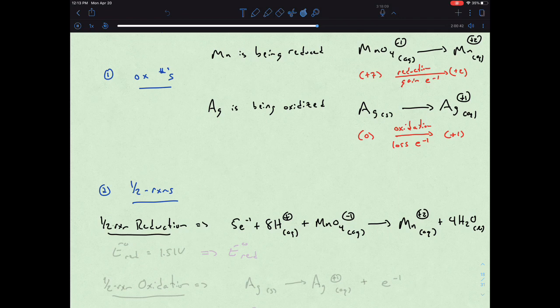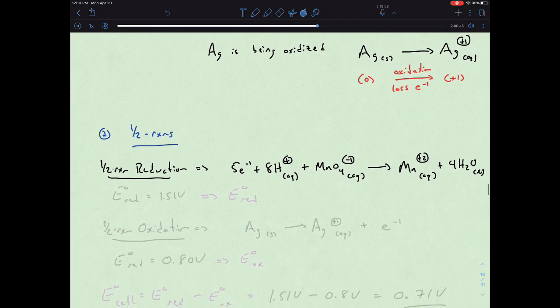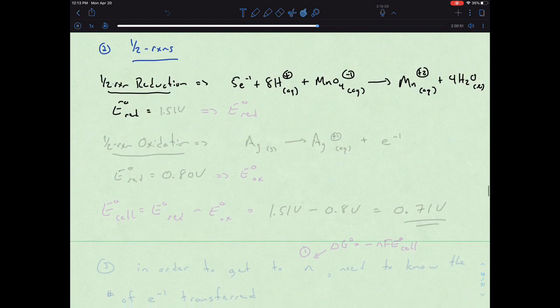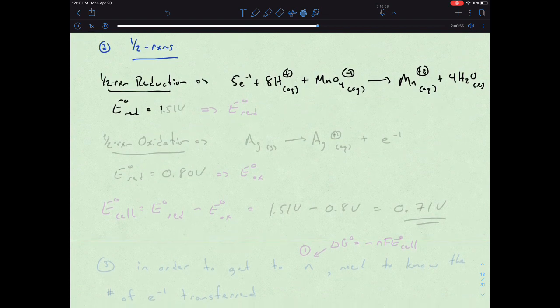So that was the half reaction for reduction. And remember, there was that reduction potential equal to 1.51 volts. And then we also did our half reaction for oxidation, where we just had the silver going to silver plus 1 plus an electron. And its potential for reduction was equal to 0.8 volts.